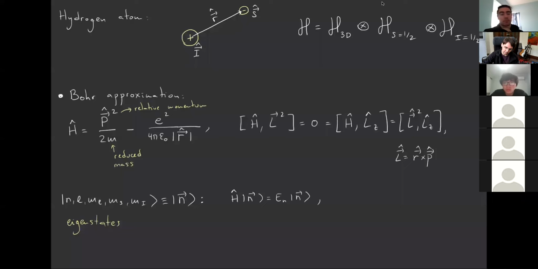This quantum number n is a positive integer, so a natural number. And the energy is specifically given by minus E0 divided by n squared. And this E0 is called the Rydberg energy.